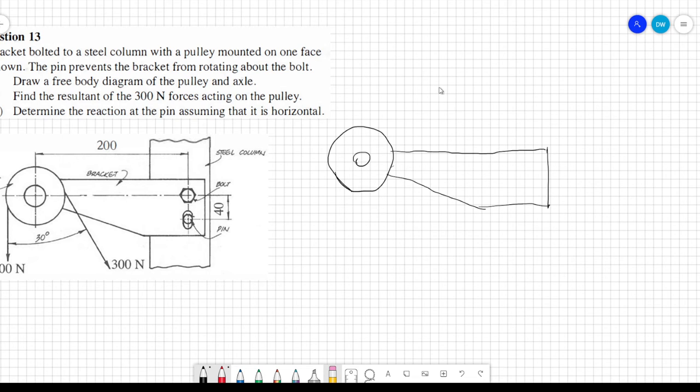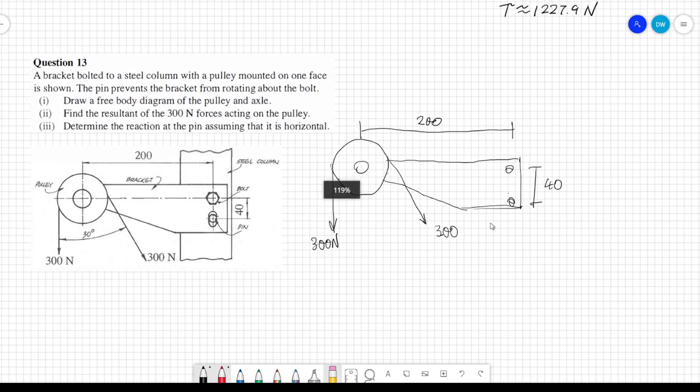Now, of course, we need a distance here to the pin, which is 200, and then the distance between two pins here is 40. So this one is a screw here and one pin here. And of course, we have two pulleys, with forces of 300 newtons here, and then 300 newtons here.